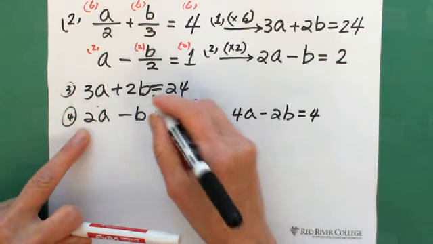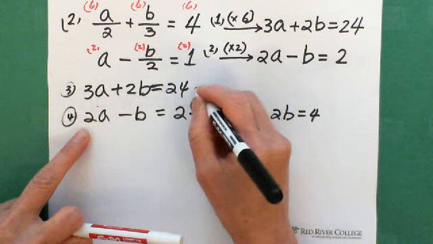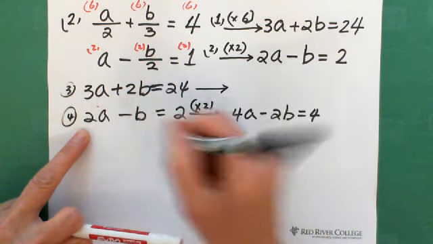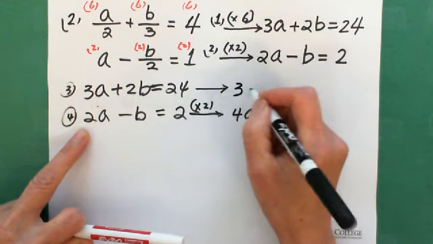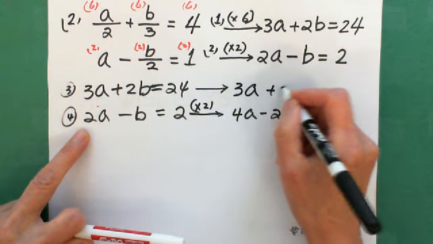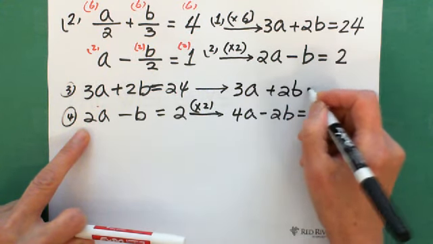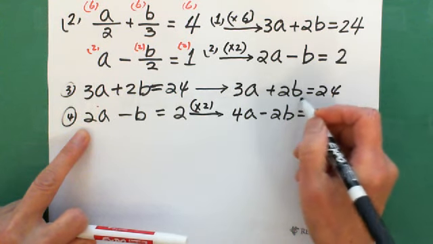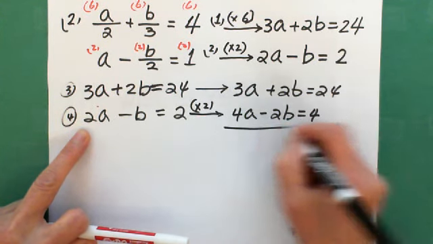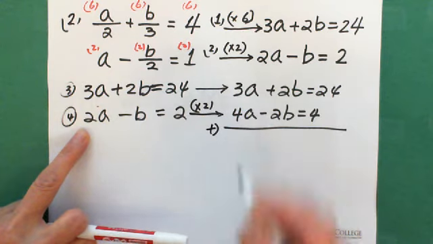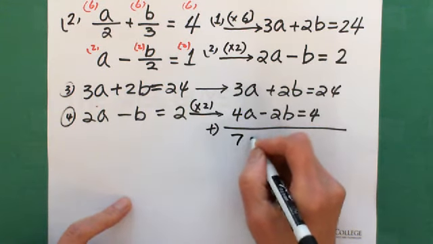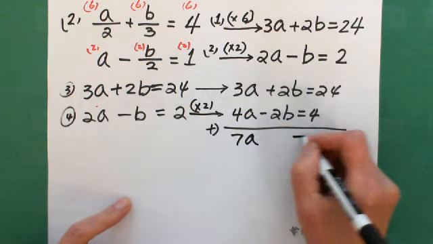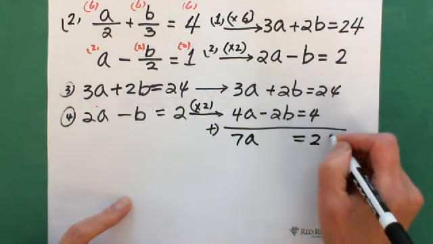The top equation doesn't need any change: 3a plus 2b equals 24. Plus 2b and minus 2b cancel. We add these together and get 7a equals 28.